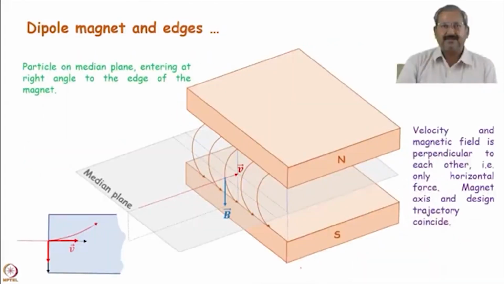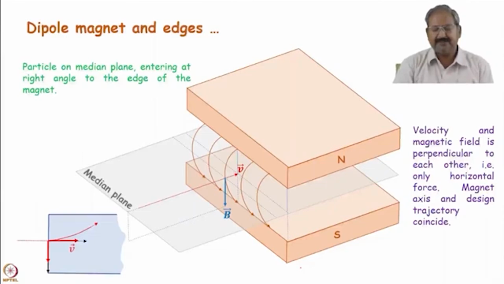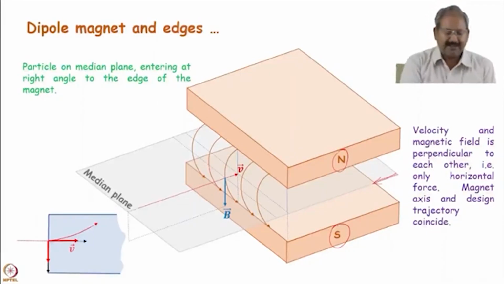Now we have a drawing in 3D for a given magnet. Here you can see this is the north pole, this is the south pole, and this is the median plane, exactly in the middle of these two poles. A charged particle's trajectory, which is the design trajectory, is coming from here, and the design trajectory is completely on the median plane.